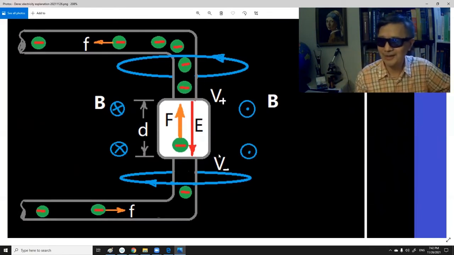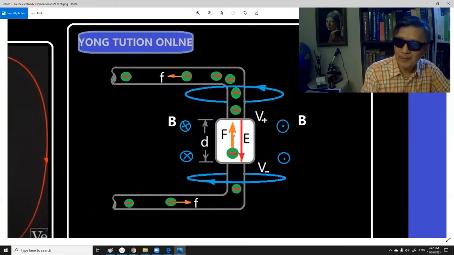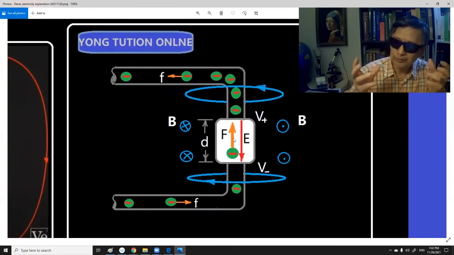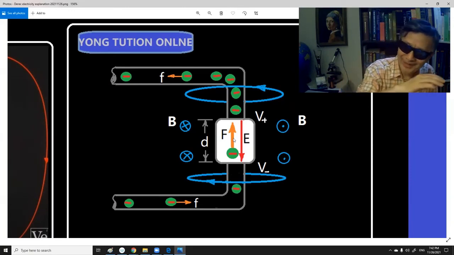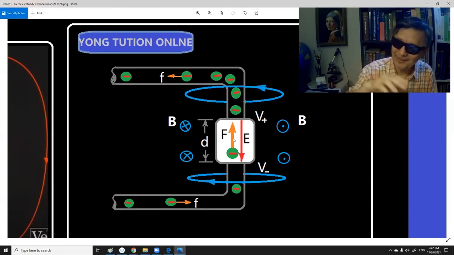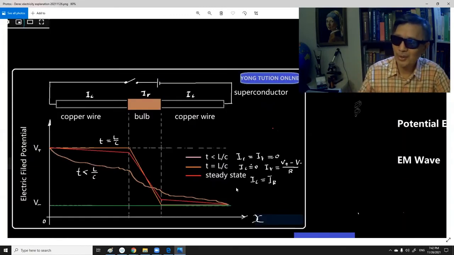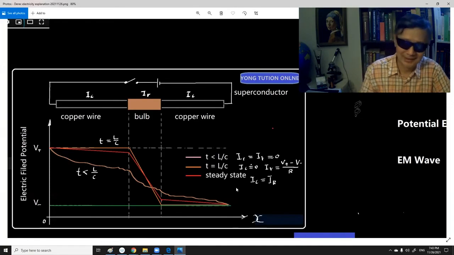In my opinion, that is unlikely, very unlikely, almost impossible. Because of this, the local electrons are forced to move. Therefore, the current is formed inside the bulb prior to the current in the wire connected to the bulb and supply can be detected. The answer to this question is not unique because the question itself is not well defined.